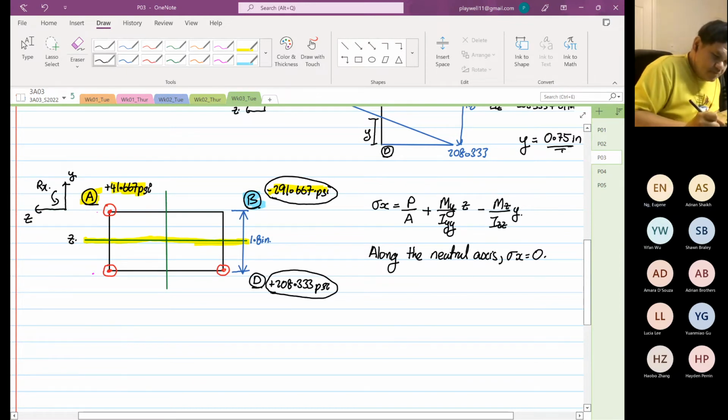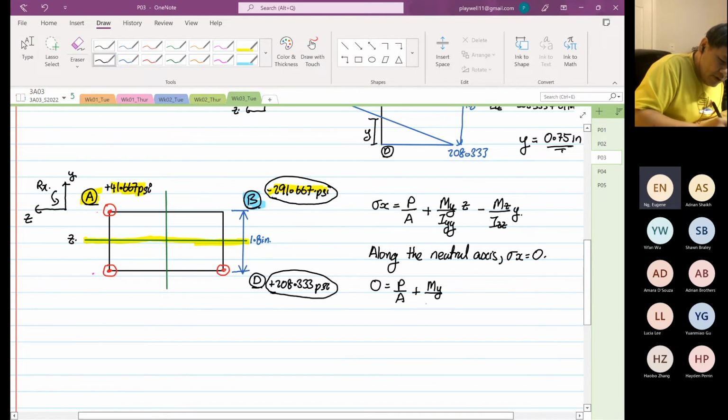So the above equation becomes 0 is equal to P over A plus my over Iyy multiplied by z minus mz over Izz multiplied by y.